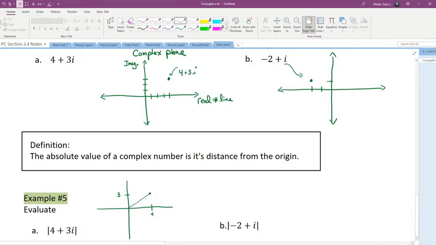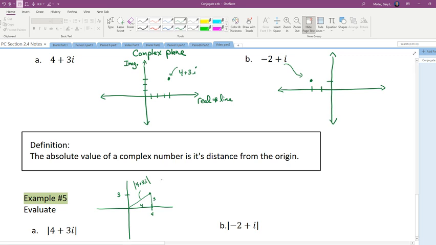This would be whatever that number is. That's going to be the absolute value of 4 plus 3i. So how do we calculate that? Well, if you'll notice, we have just made ourselves a very nice little right triangle where the real component is 4 and the height is 3. And so we are just going to do the Pythagorean theorem or the distance formula, and we're going to find the length of that hypotenuse.